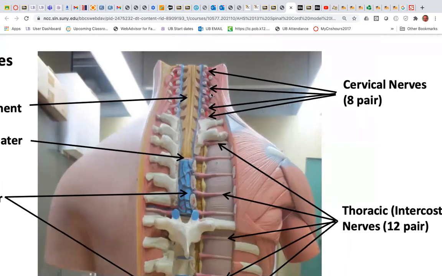There are 8 pairs of cervical nerves. Now that could be a little bit tricky because there's only 7 cervical vertebrae, but there are 8 pairs of cervical nerve roots. And that's because the first cervical nerve root exits between the occipital bone or the occiput and the atlas or C1. Okay.